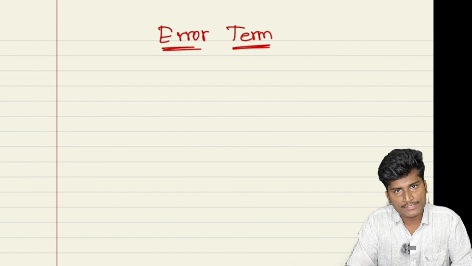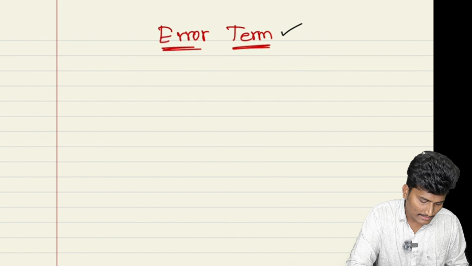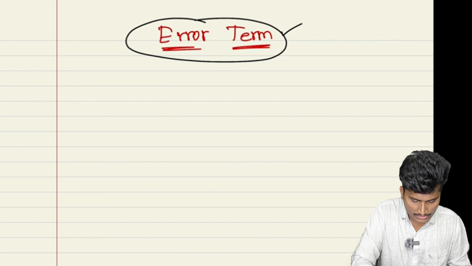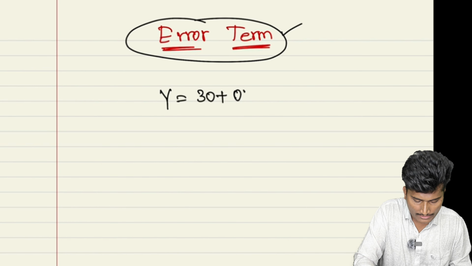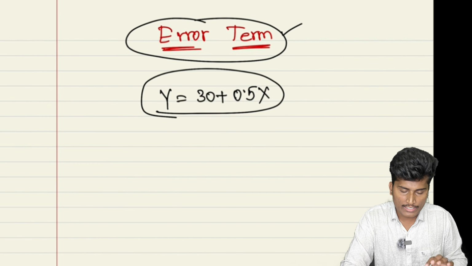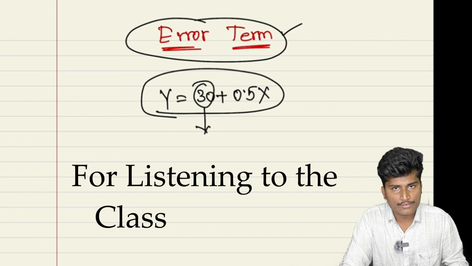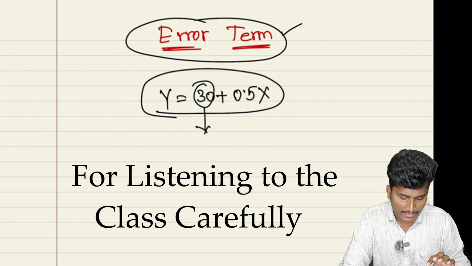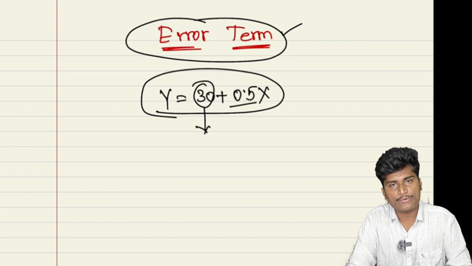Now the final concept in linear equations is the error term. What is this error term? In the equation, we got an equation like this: y is equal to 30 plus 0.5x, right? Here all of these are assumptions. We have assumed that I will get 30% of the marks because I studied, and I will be able to get 0.5 marks for each hour I study.